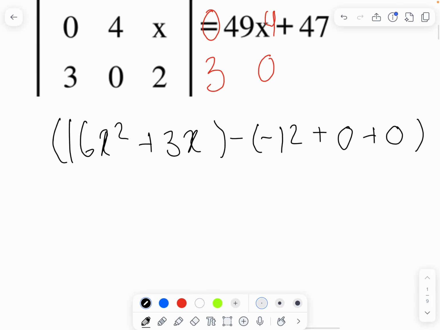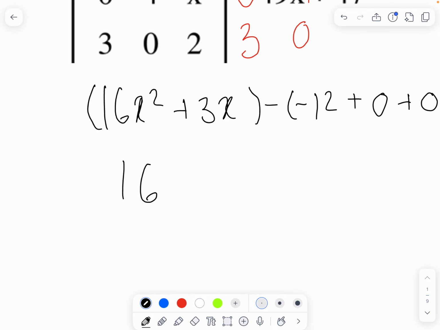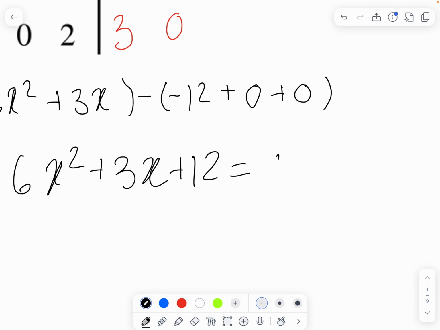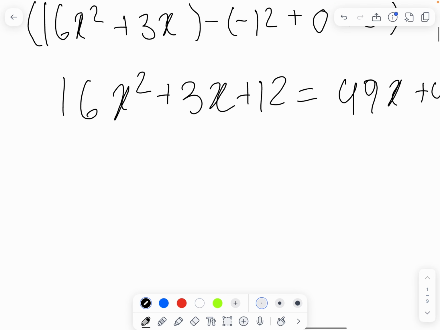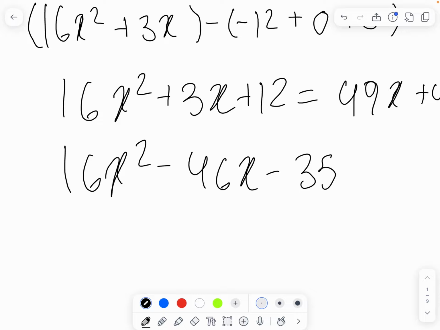Right, so in the end, we'd get 16x squared plus 3x is 12 plus 49x plus 47. Then this equals 16x squared minus 46x minus 35 equals 0.